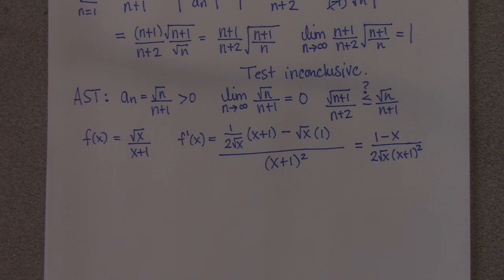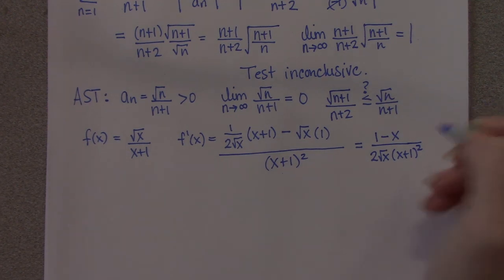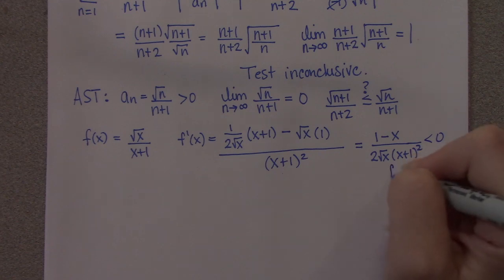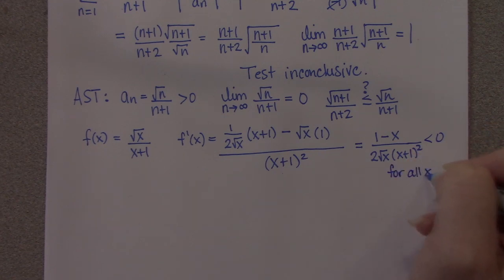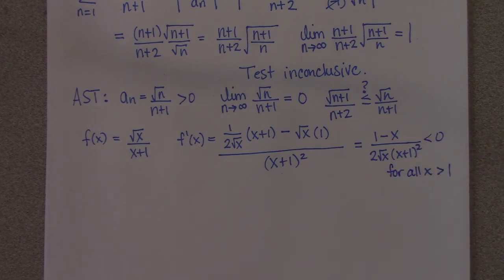So if I plug 1 in, that's the lowest value I'm allowed to have, well, that's 0. That doesn't really tell me much, right? But if I plug in 2, I get negative 1. If I plug in 3, I get negative 2. So if I plug in any value greater than 1 to infinity, I get a negative over a positive, which means this guy is negative for all x greater than 1.